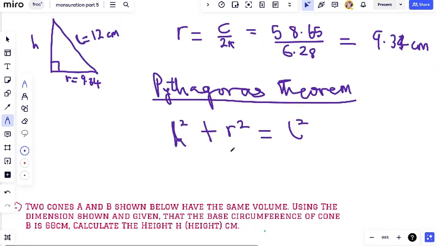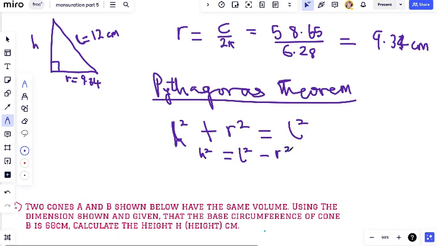So once you have this, we make h square the subject. So h square is equal to L square minus R square.